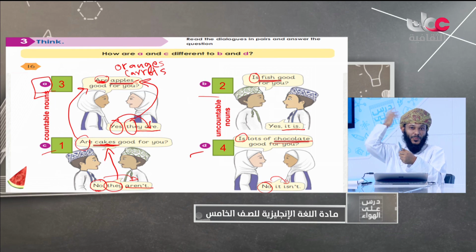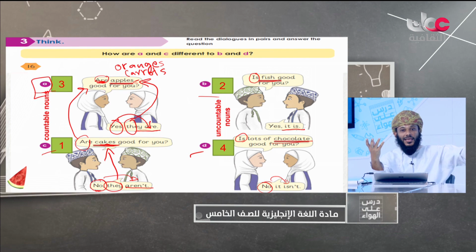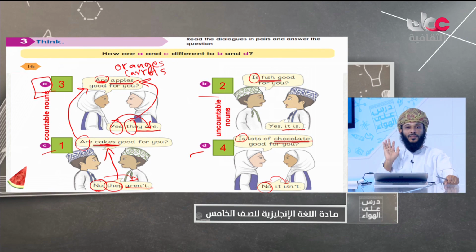In the previous lesson we talked about different containers like bottles, tins, jars, etc. But if we have the noun itself without a container, we cannot count it. We cannot say sugars, salts, waters. These words are not correct. We have to say sugar, water, oil, salt, etc.